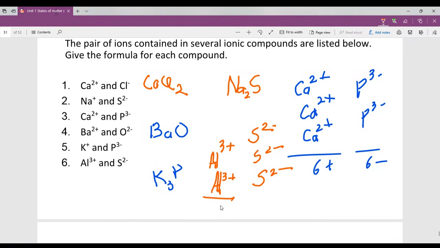Then you can see that we have 6 positive net and 6 negative net. So you're going to write it out as Al, 2 of them, subscript 2, and then 3 sulfide as subscript 3, just like that.